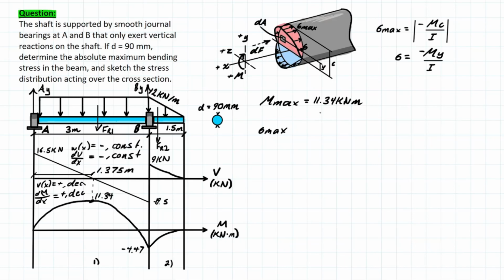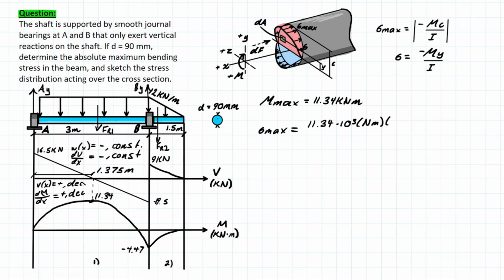We can now solve for our max stress developed using this moment and using this formula. We have an absolute value, so that means we're not going to consider the sign. We have 11.34 for our moment. We're going to take that times 10 to the 3 to convert it to newton meters. We have the c value, which is going to be at the centroid of this shape where the neutral axis is acting.